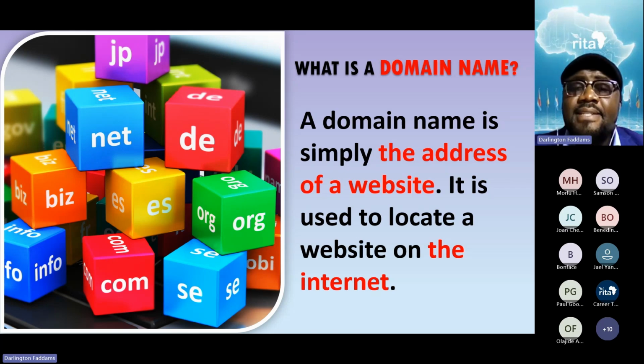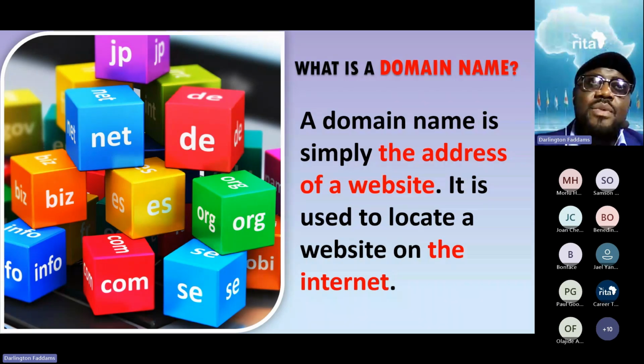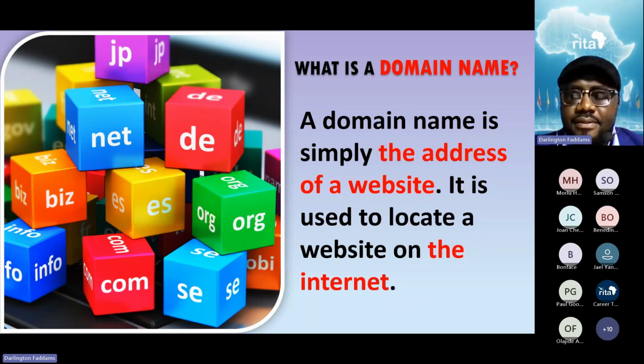A domain name is simply the address of a website. As we say website addresses, as webmasters, we call it domain names. It is used to locate the website on the internet. That means it is a domain name that we use to find the website.